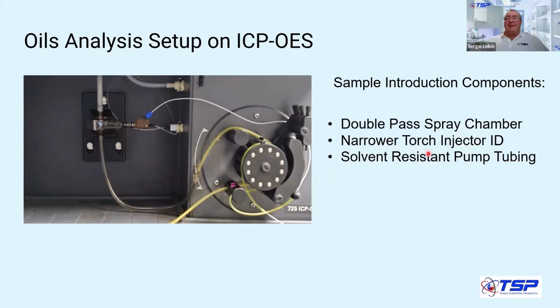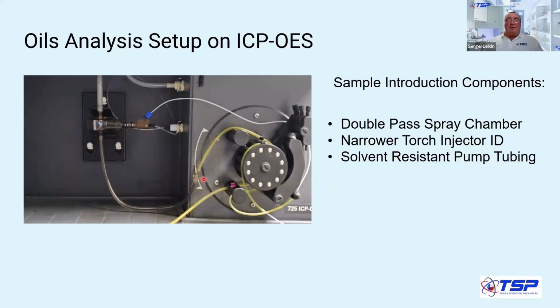One of the things that is definitely specific about running oils, you need a double pass spray chamber, not a single pass that you may use for your aqueous samples. It could be either cyclonic, like shown in the picture here, or a Scott.